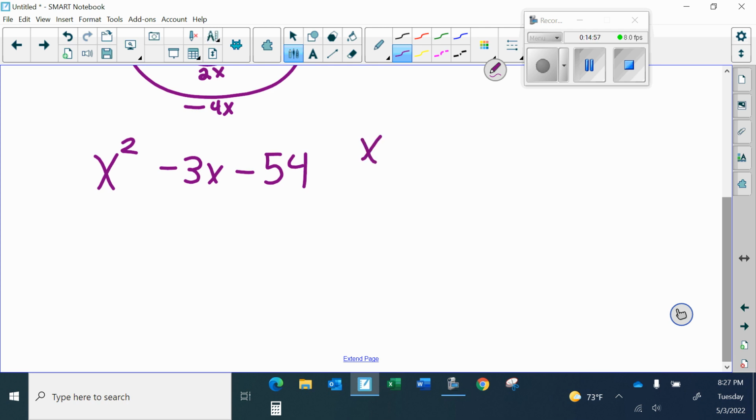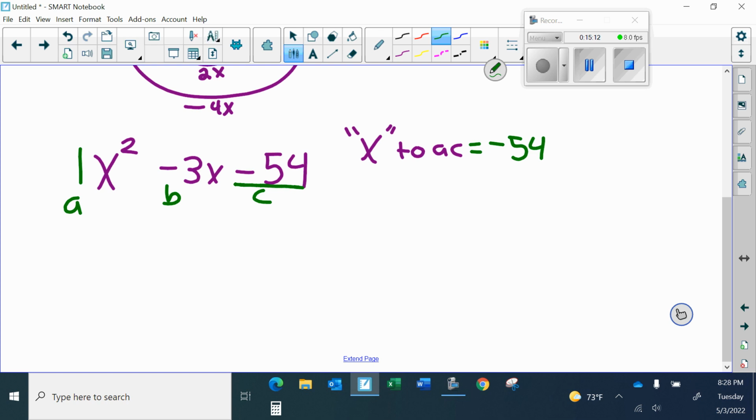So again, I write down multiplies to AC. Again, if you want to put A, B, and C underneath it, you have that for visual. A times C is negative 54. By the way, a common error that beginners make is they forget the negative sign and write 54, and that blows your whole answer because then you're looking for wrong numbers. Make sure you're paying attention to the signs.